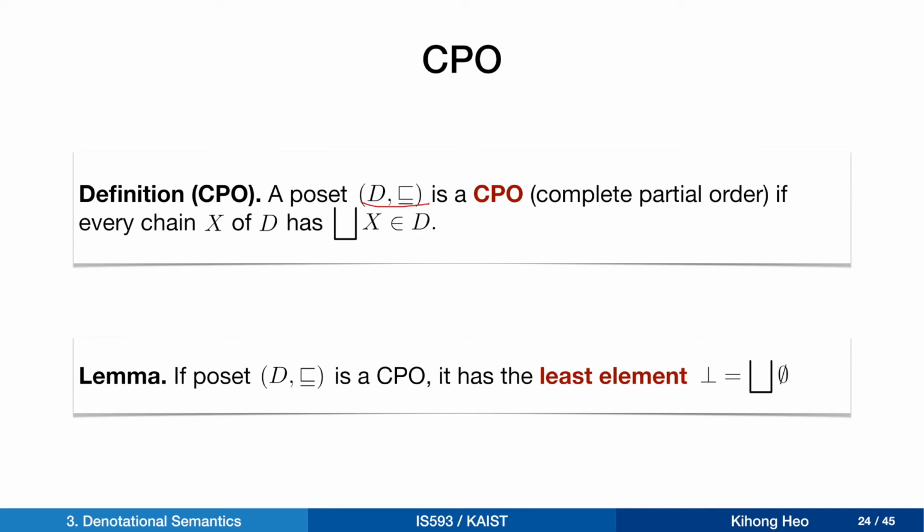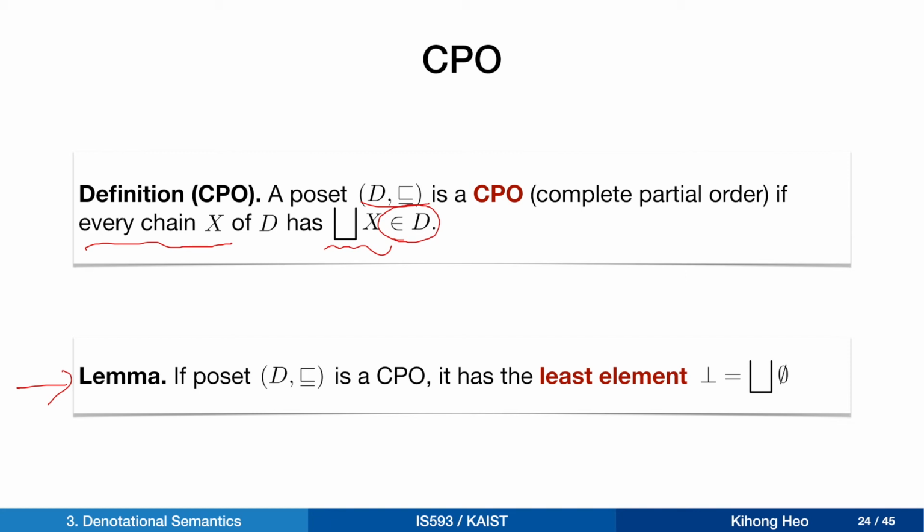This set D is a CPO if every chain X of D has a least upper bound, which is also in D. Which is simple. So if a partially ordered set is a CPO, then this trivial lemma holds, which means that it has the least element, which is bottom, always.